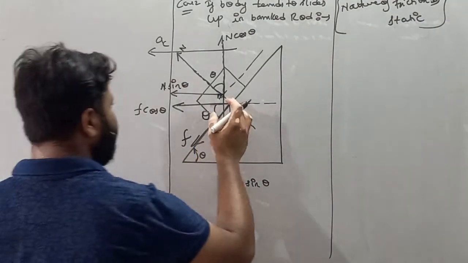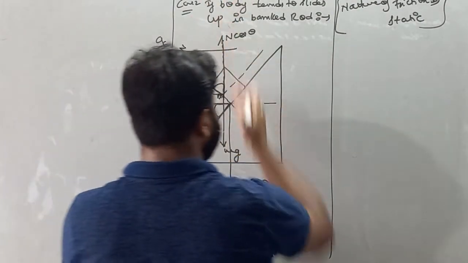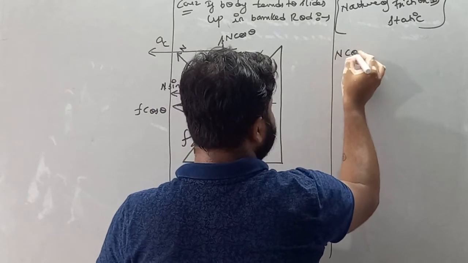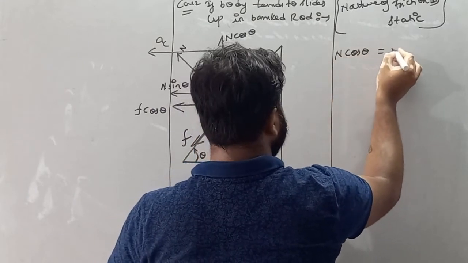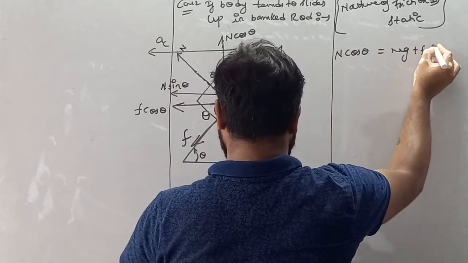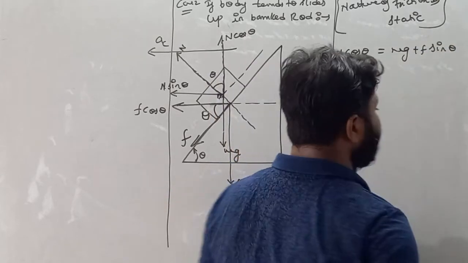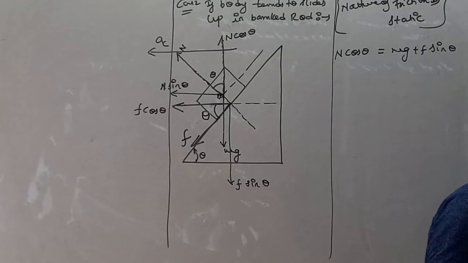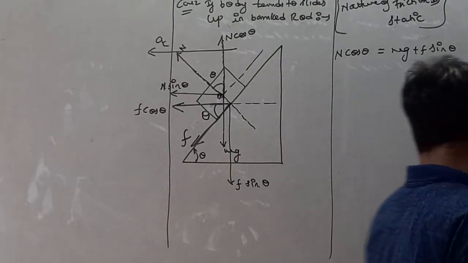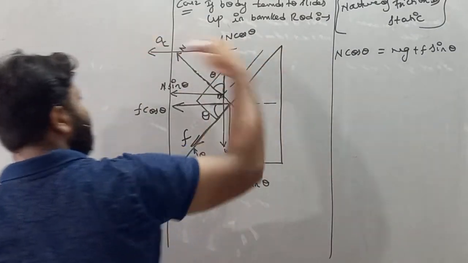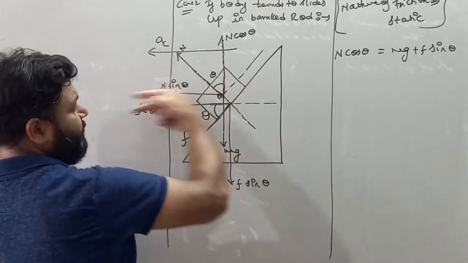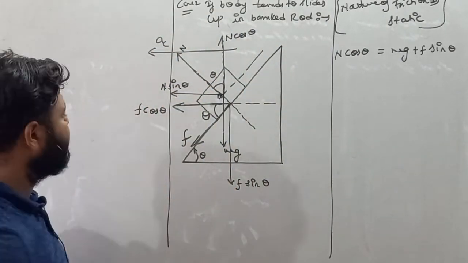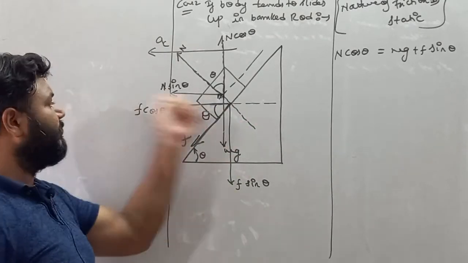Now see, my dear student, along this direction motion is not possible, so we can write N cos theta is equal to mg plus f sin theta. Now see, the direction of acceleration is on this side, and both the forces, that is the component of normal and the component of friction, are in the same direction.